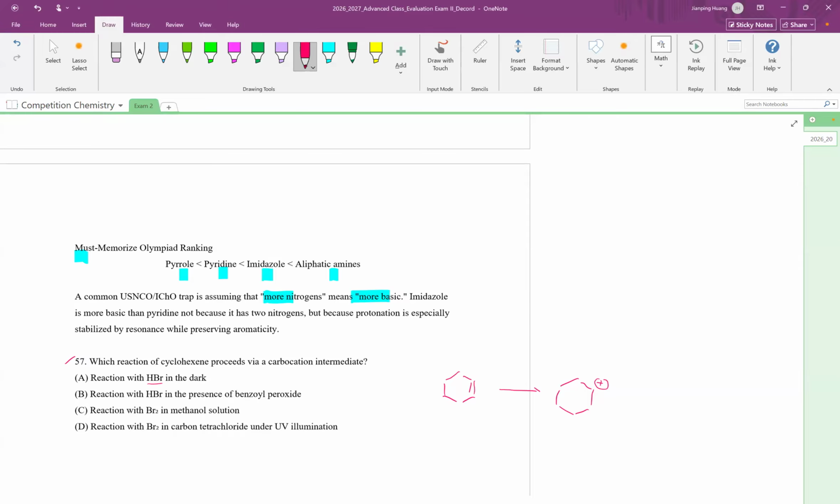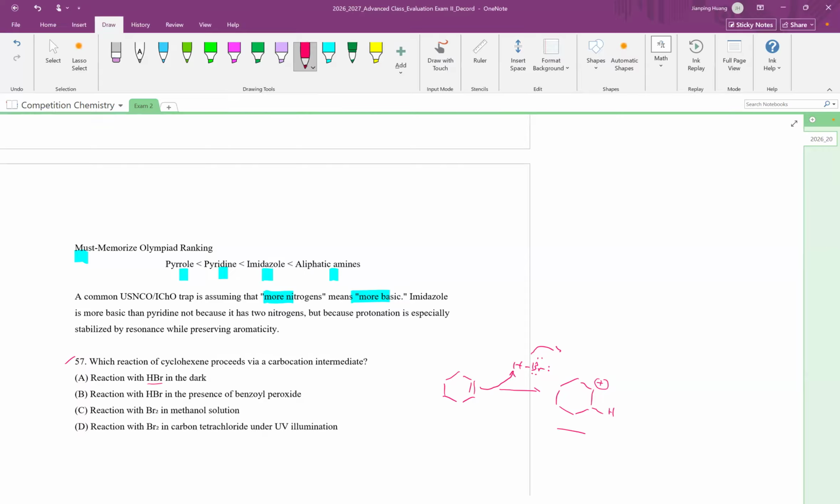So the mechanism in this one is what? Now, here's a nucleophile. So you form a carbocation intermediate, and that reaction we call electrophilic addition.